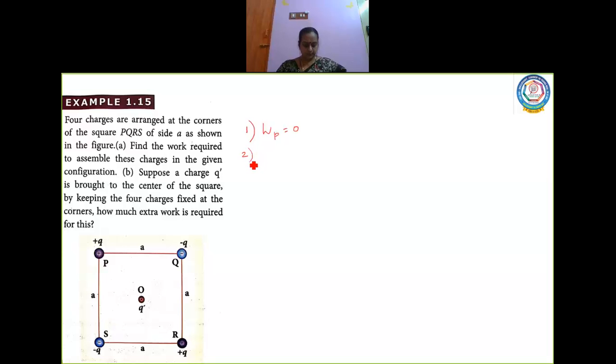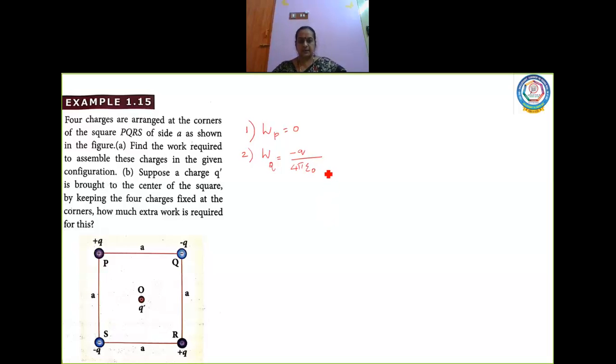Now which charge am I going to bring? I am going to bring minus Q charge to the position Q. Right. So what is the work done? Work done at Q is equal to, right? What is the magnitude of the charge? It is minus Q by 4 pi epsilon naught. What is the distance?